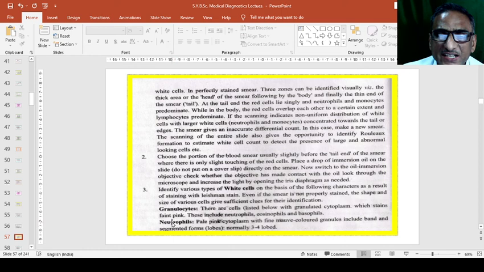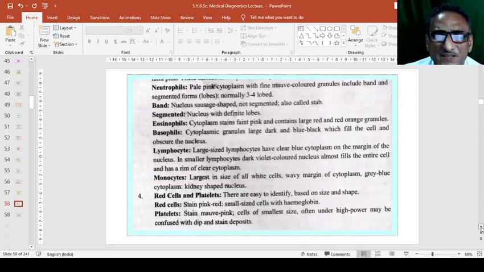We find that granulocytes show granules in the cytoplasm with faint pink stains. These include the neutrophils, eosinophils, and basophils. Neutrophils have pale pink cytoplasm with fine colored granules, and include bands and segmented forms, normally with a 3 to 4 lobed nucleus.